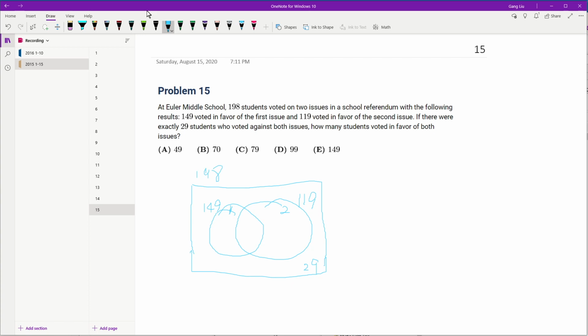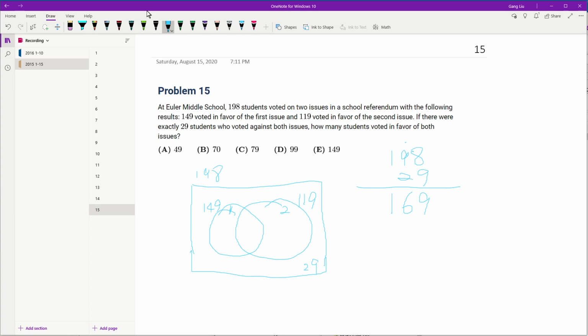So 198 minus 29 is going to be the scope of both circles added together. 169 will include both circles plus their overlap.